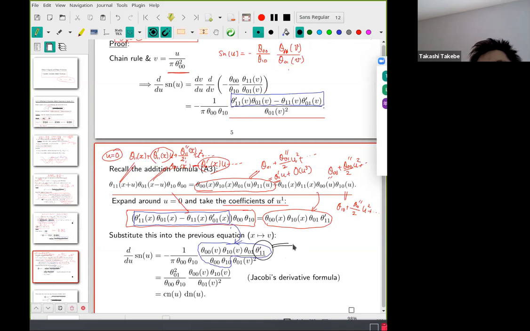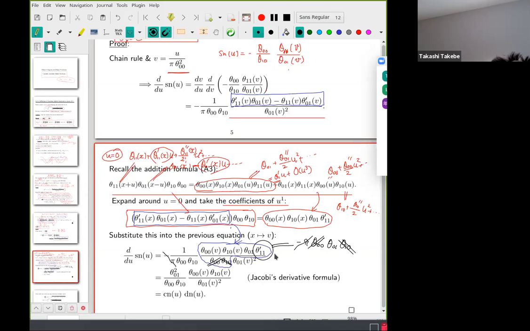This theta 1, 1 prime is, as we proved, a product of other thetas. So this constant cancels. This constant cancels. Theta 1, 0 also cancels.